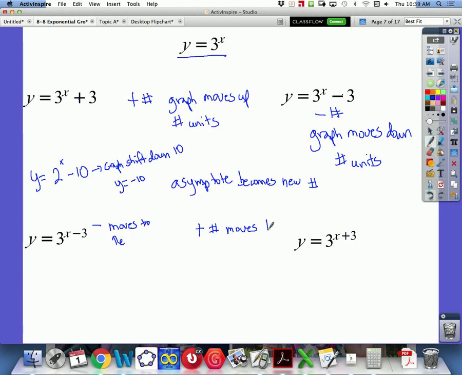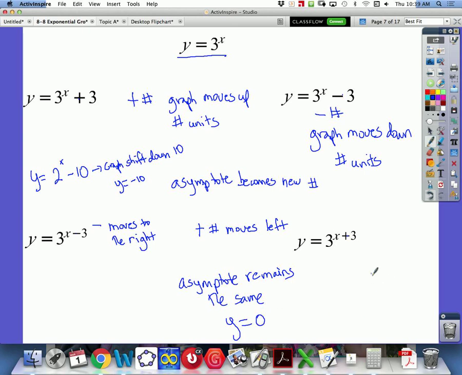So a positive moves it to the left, and a negative moves it to the right. And in this case, the asymptote remains the same at y = 0.